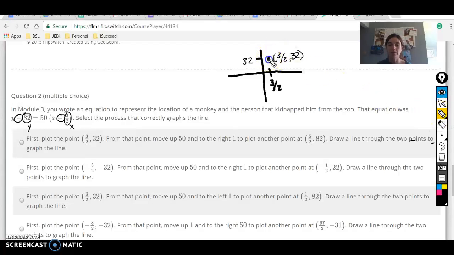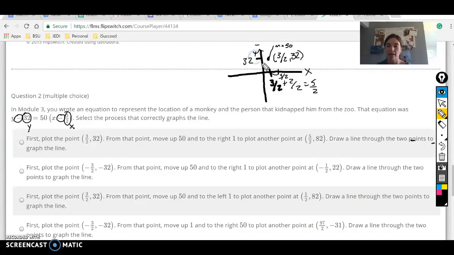Okay, so that's 1 point, but then the other thing that we know here is that this goes up at a nice steep slope of m equal 50. So that means for every 1 unit that we go up here, and so that unit, if I were to add 2/2, if I were to add 1 unit, which is the same as 2/2, I would get 5/2 here. So every 1 unit on the x-axis gives me 50 units on the y-axis.